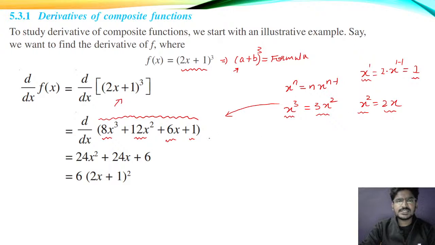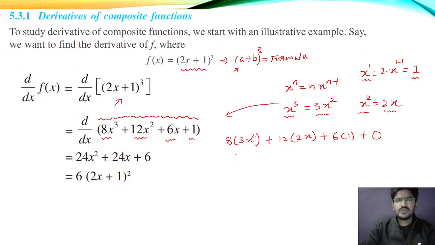Then let us simplify. 8 times the differentiation of x cube, which is 3x square, plus 12 times the differentiation of x square, which is 2x, plus 6 times the differentiation of x, which is 1, and the differentiation of the constant term is 0.